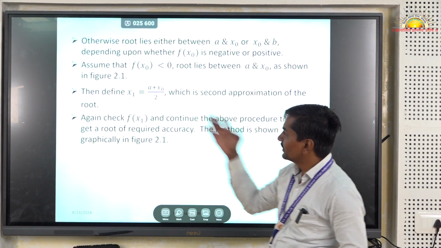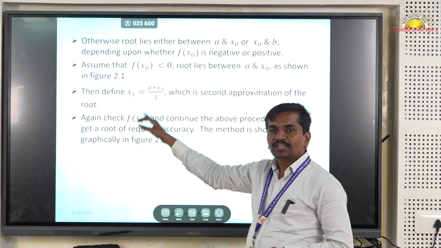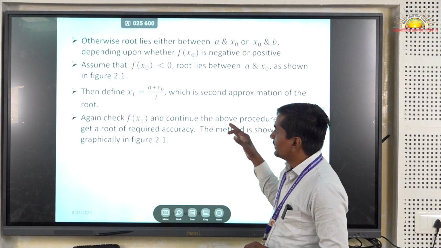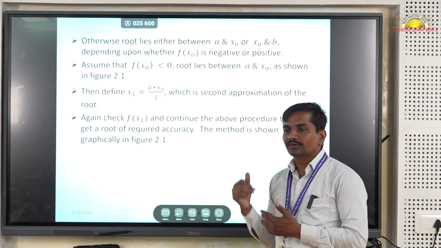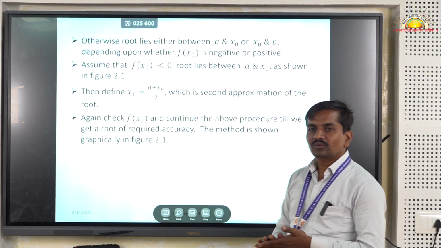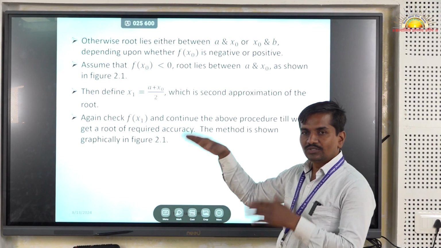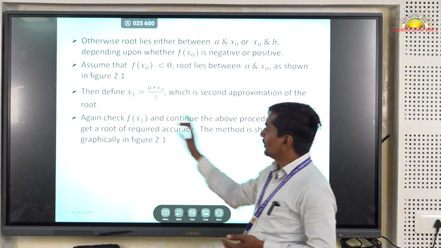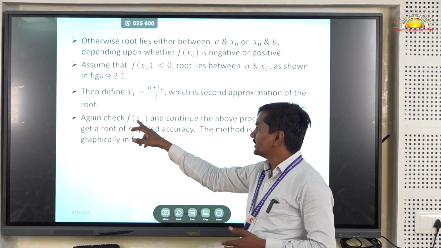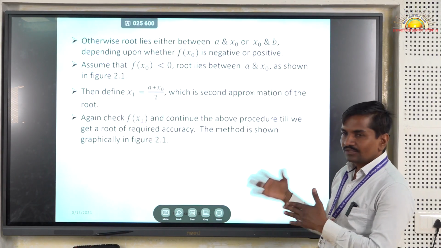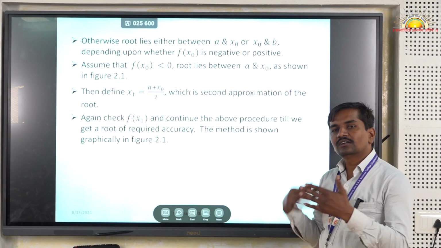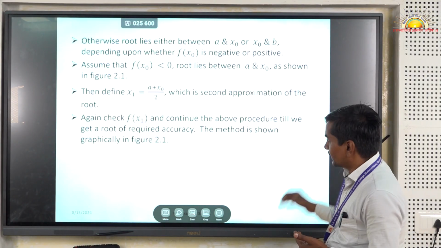That means again we check the value of the function at x1 and determine whether it is positive or negative. Then the root lies between either a to x1 or x1 to x naught, depending on the sign of f of x1. Continue that process till we get the root of the desired accuracy.